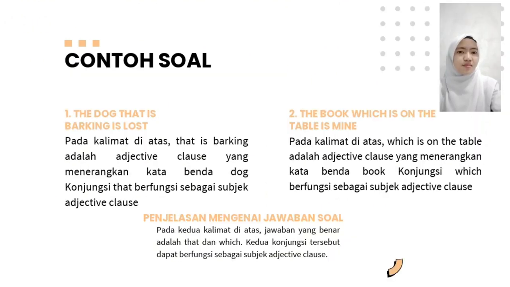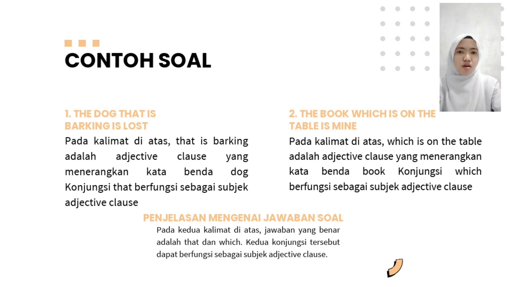Example questions. Number 1: The dog that is barking is mine. In the sentence above, that is barking is an adjective clause which describes the noun dog. The conjunction that functions as the subject of the adjective clause. Number 2: The book which is on the table is mine.